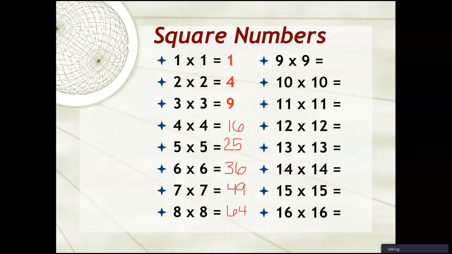Logan, 9 times 9. Zoe, 10 times 10. Nevaeh, 11 times 11. Abby, 12 times 12. 13 times 13, Logan. 14 times 14, Zoe. 15 times 15, Nevaeh. 16 times 16, Abby.